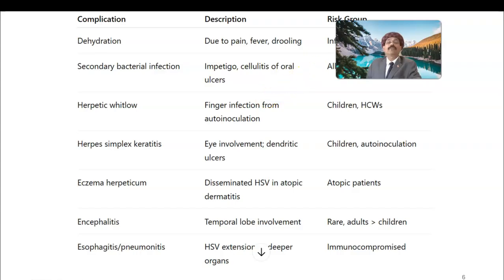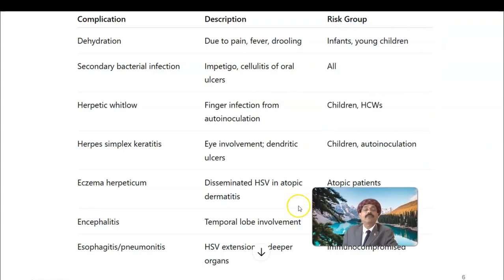Coming to the complications, there are many, like dehydration due to pain, fever, and drooling. Infants and young children are the risk group. Secondary bacterial infection: impetigo, cellulitis, or oral ulcer. All age groups are at risk. Herpetic whitlow: finger infection from auto-infection.